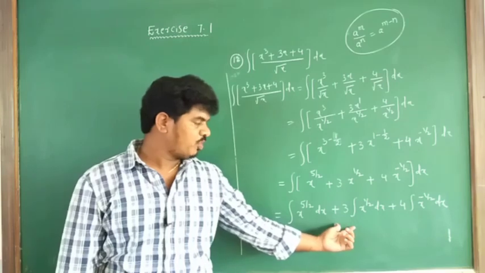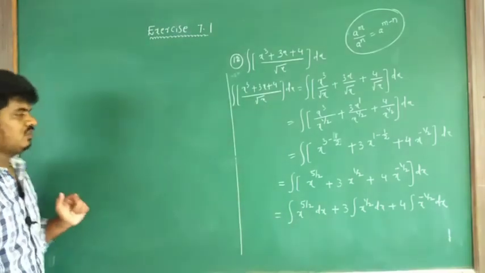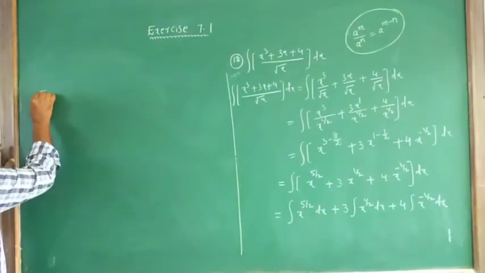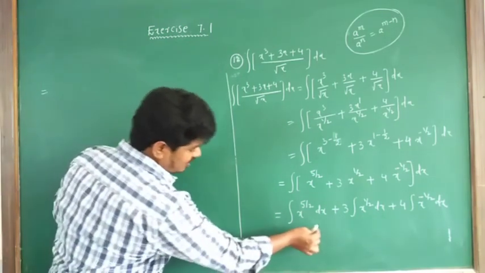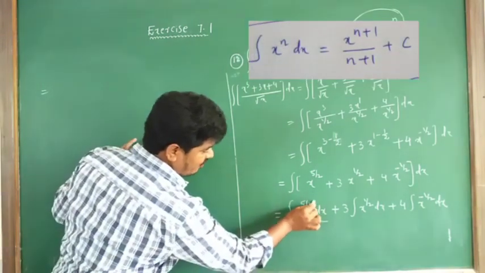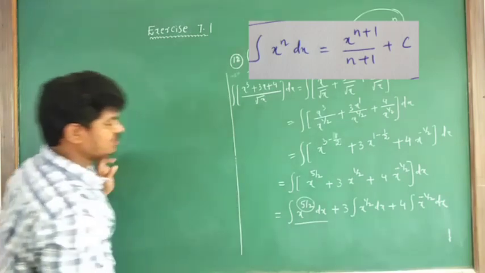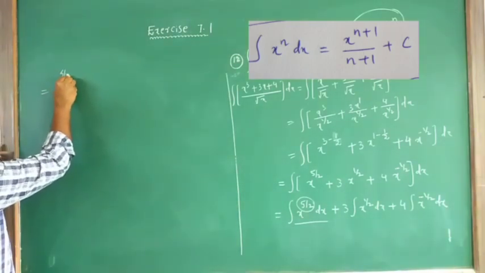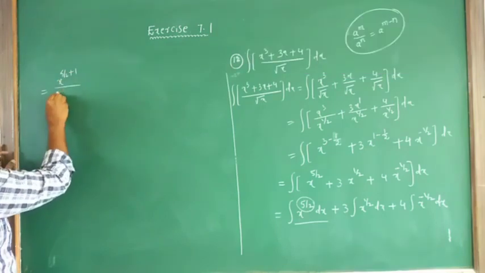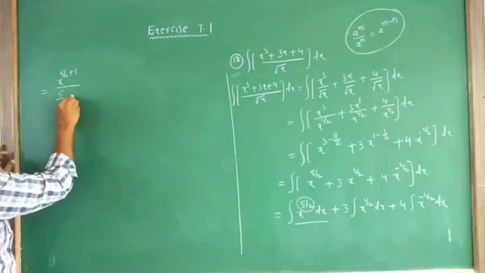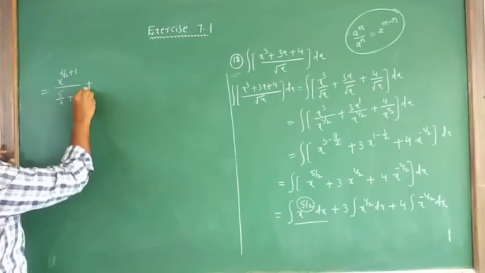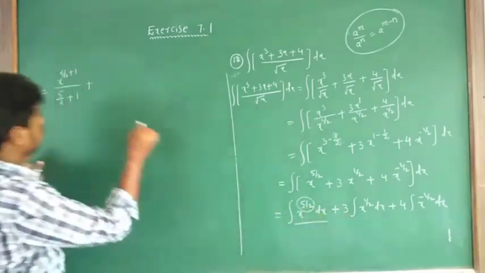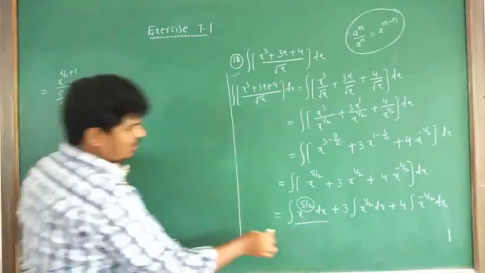Next, I am going to write the integration part here. See, use the first formula only. In the place of n we have 5 by 2. So x to the power of 5 by 2 plus 1 divided by 5 by 2 plus 1, plus 3 into the same formula.